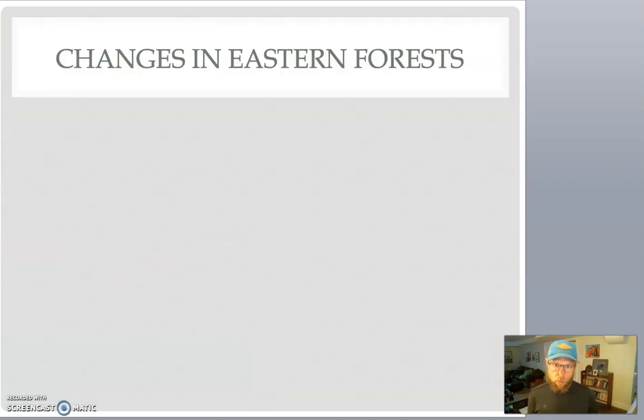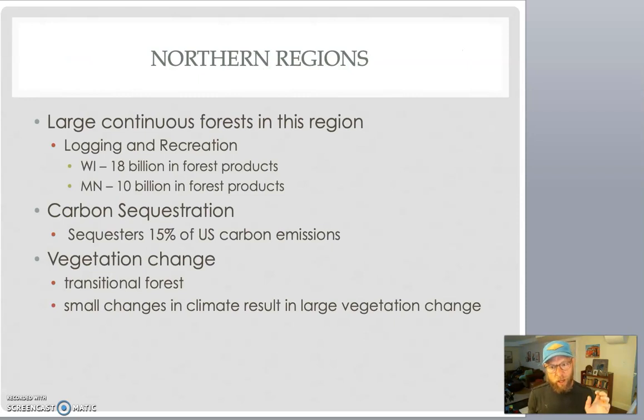Okay, let's talk more broadly about some of the management considerations in the eastern US. Especially as we're thinking about the more northern forests, we're talking about that New England, St. Lawrence Valley area, Adirondacks, and then over into northern Michigan, Wisconsin, and Minnesota areas in particular.